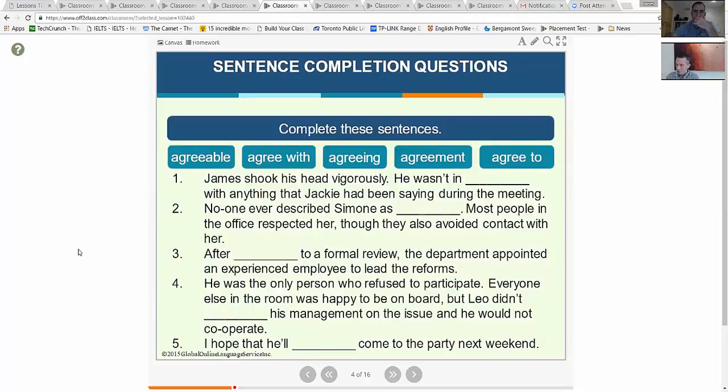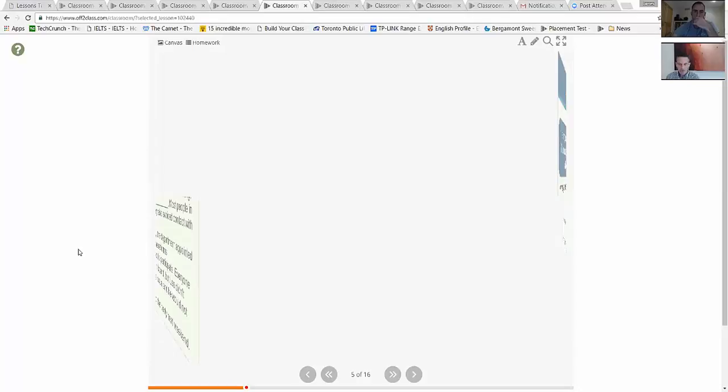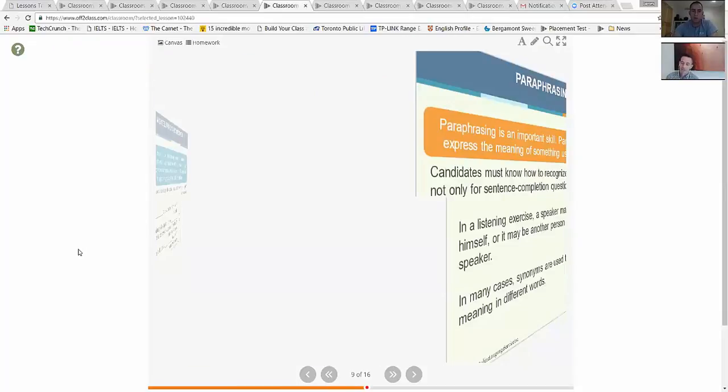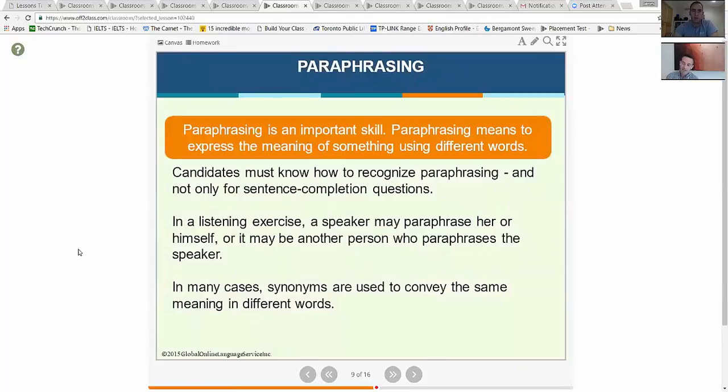I would also say, I'll go to a little bit further down this lesson. The other important thing to start introducing is paraphrasing. It is vital in the reading section, but also you will expect in the IELTS exam that the questions, and the options for those questions, the answers, will actually be paraphrasing of what's said.